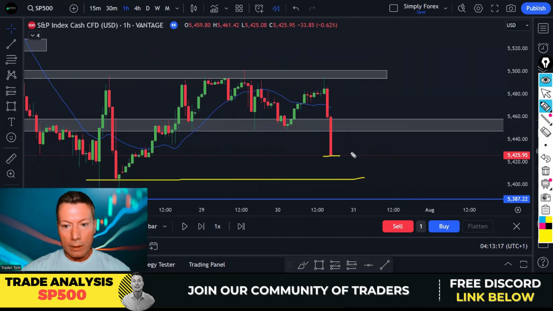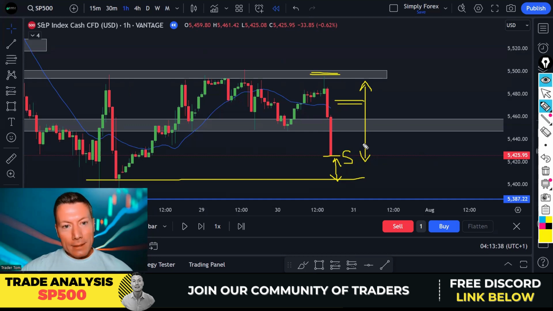Remember, this is your target. Would you start selling here? This is your reward, and really you've got to put your stop above the last high, or at least the moving average 20. So this is your risk. You've been waiting all day, and then the risk to reward doesn't make sense.